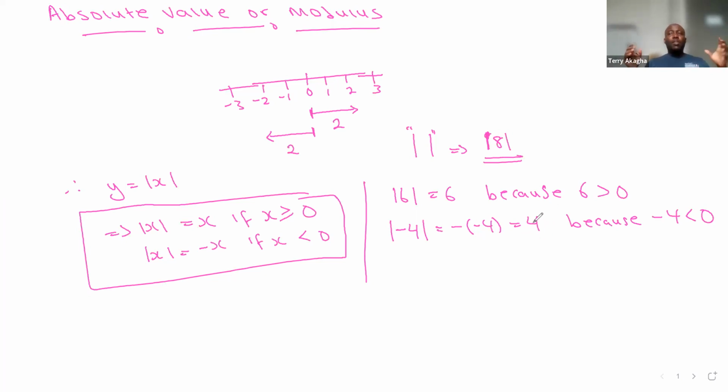So in order to solve absolute value, you have to remove any negative sign in front of the number and think of all numbers as positive. You can see from the number line, although we're going to the positive side of the number line, it was still 2. We're going to the negative side of the number line, it was still 2. So always think about all the numbers as positive.